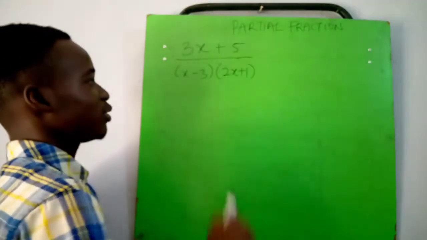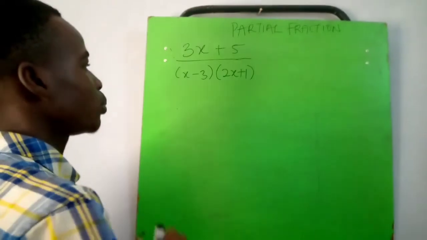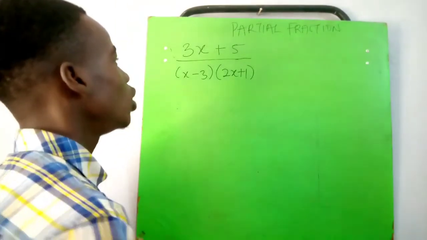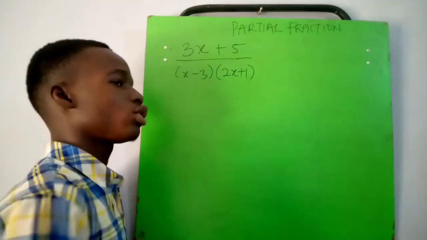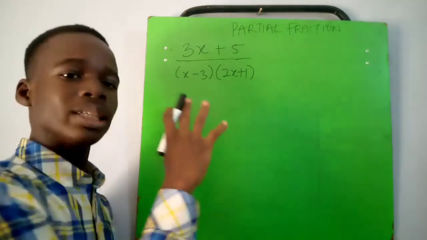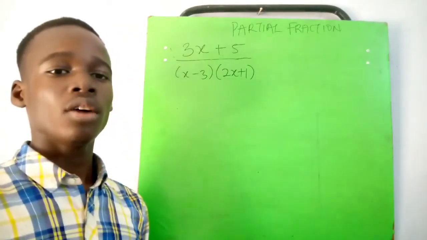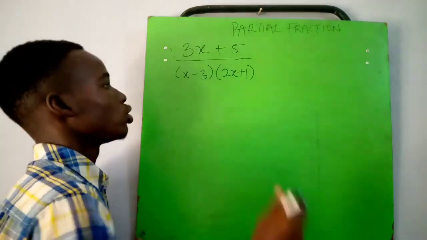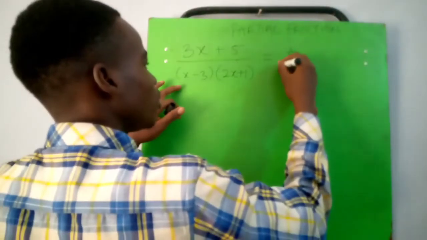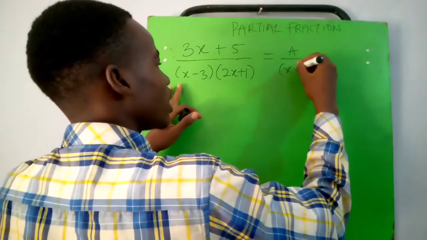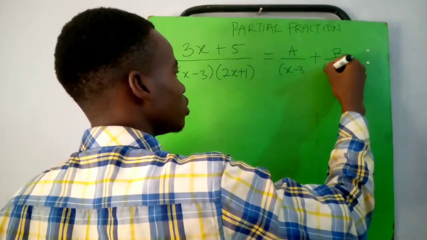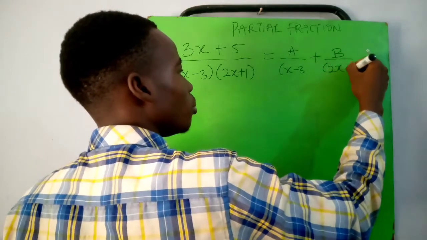We have 3x plus 5 over (x minus 3) times (2x plus 1). What we're going to be doing is express this fraction as a summation of partial fractions. So we have A over, we'll write out the first, x minus 3, plus B over, write out the second, 2x plus 1.